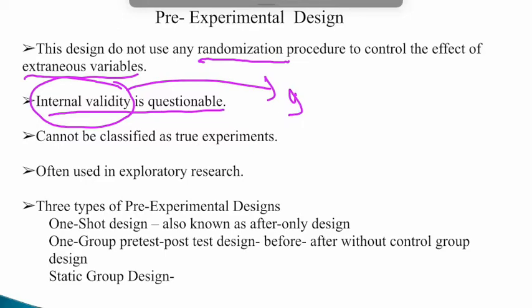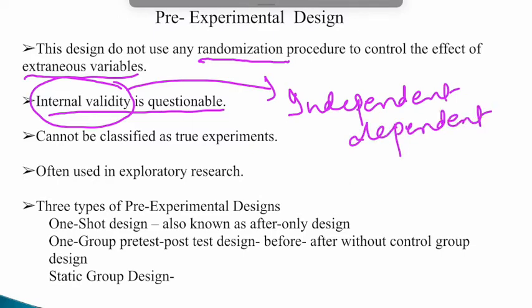Whenever we talk about experimental design, we have two variables, independent and dependent. As the randomization process is not there, we cannot say that the outcome is purely because of the independent variable; the effect is questionable.